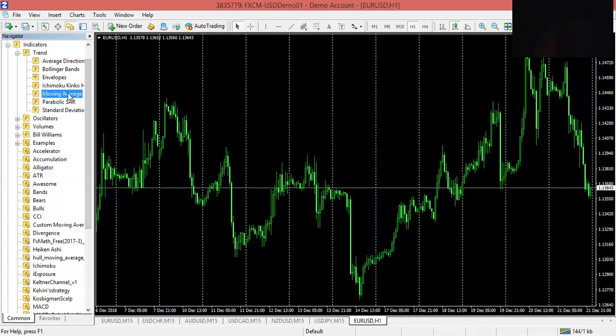The way this works, as the name implies, is just like your average in mathematics: a summation of the previous periods divided by the number of periods. It then joins those values together to form a moving average.